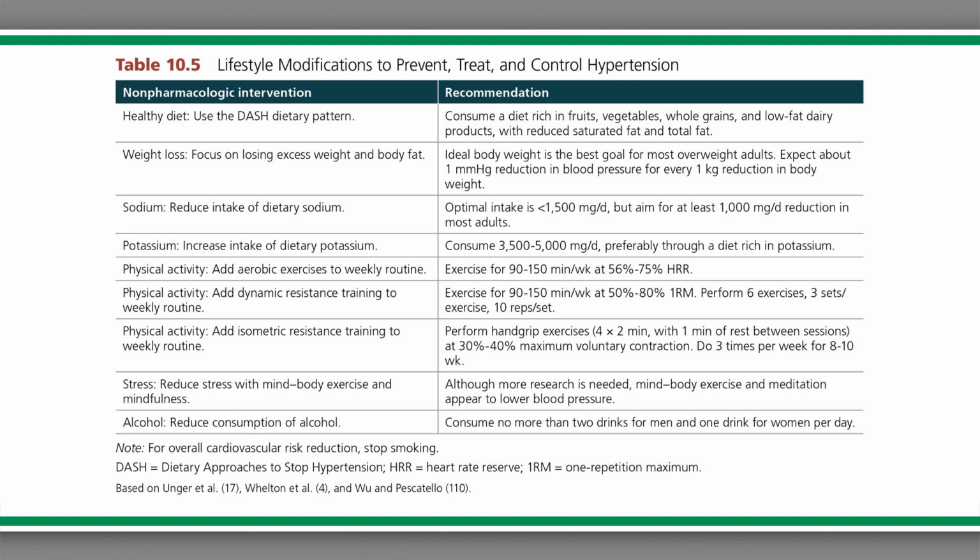Weight loss is going to be important, and we have an increase in potassium because dietary potassium, if you eat good potassium-rich foods, a banana and a baked potato, I think strawberries are also in that list, those actually exchange the potassium for sodium and help to decrease the sodium load.